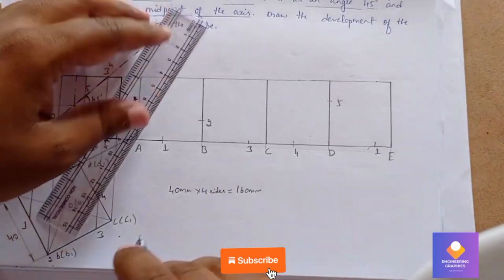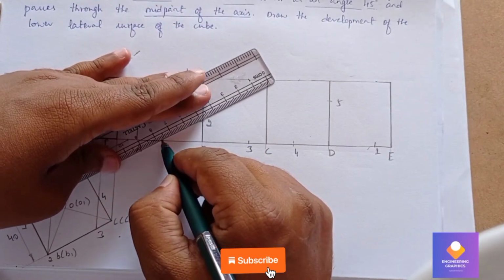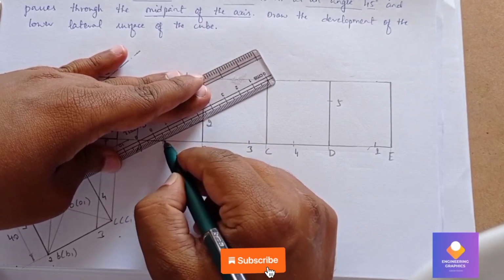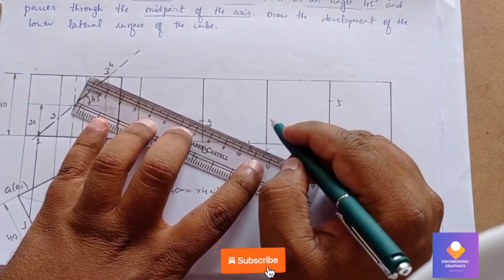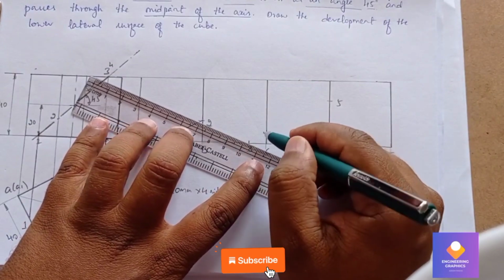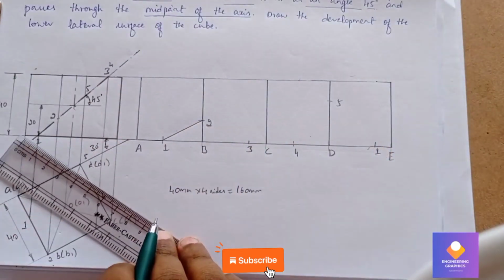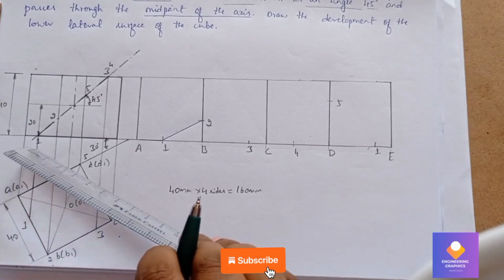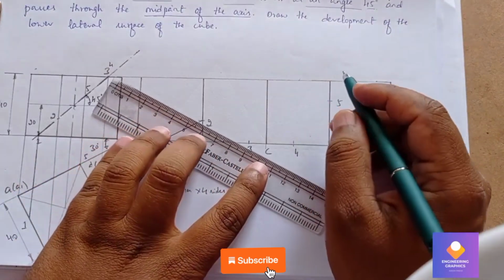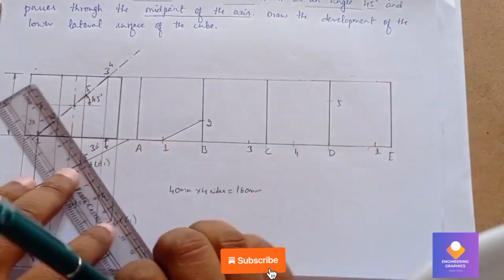So we can join from 1 to 2 with a straight line, again from 2 to 3. Actually, points 3 and 4 I need to mark on the top line. The top line I am going to mark, because it is exactly cutting at the top face.